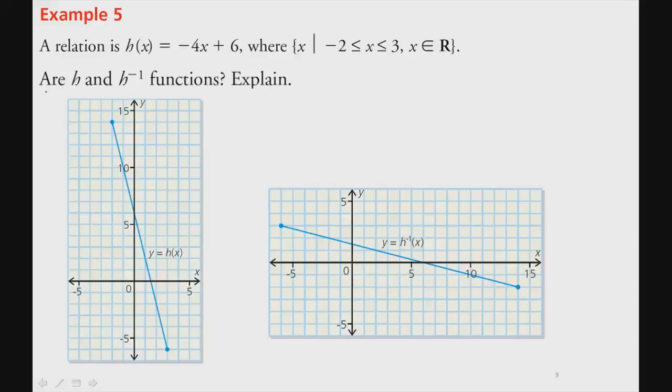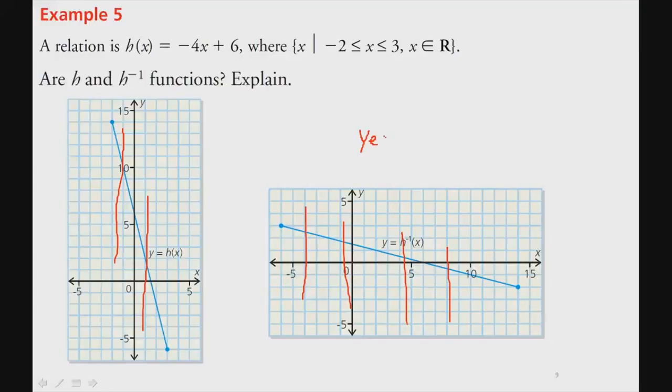The next question it's asking, if we look at these two things, here is my h of x, here is my h inverse of x, are these both functions? If I look at these graphs and do my vertical line test, this is a line, passes the vertical line test everywhere. This one's a line, passes the vertical line test everywhere.